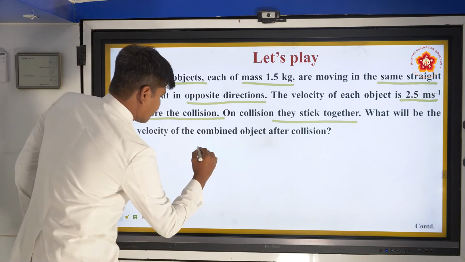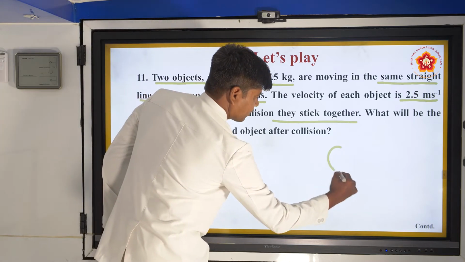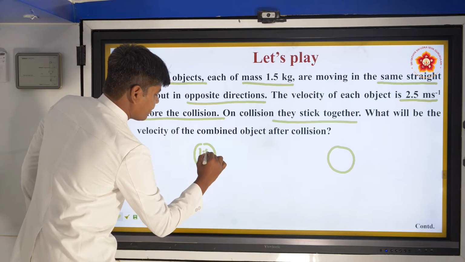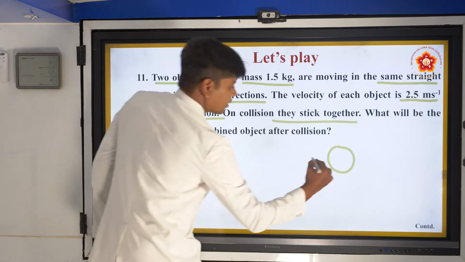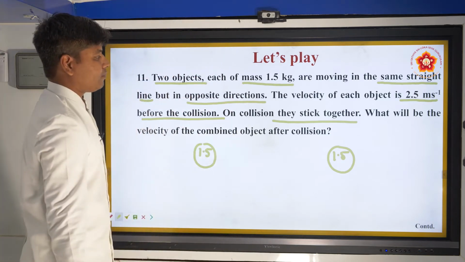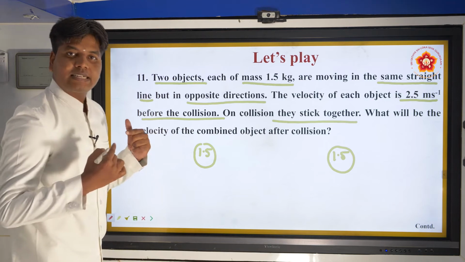Now take the two objects, each of 1.5 kg. This is also having 1.5 kg, right? Now they are moving in a straight line.